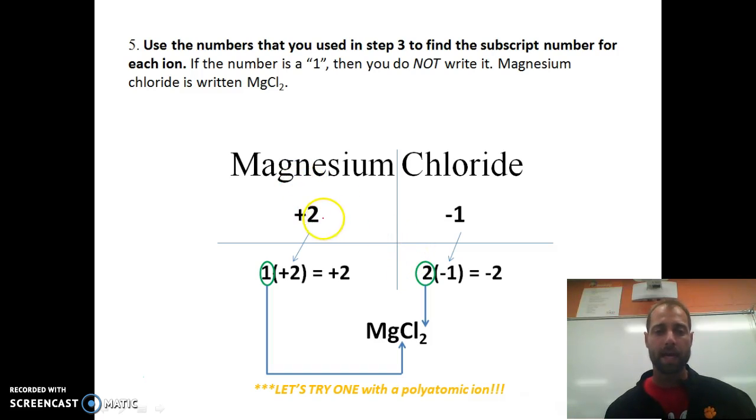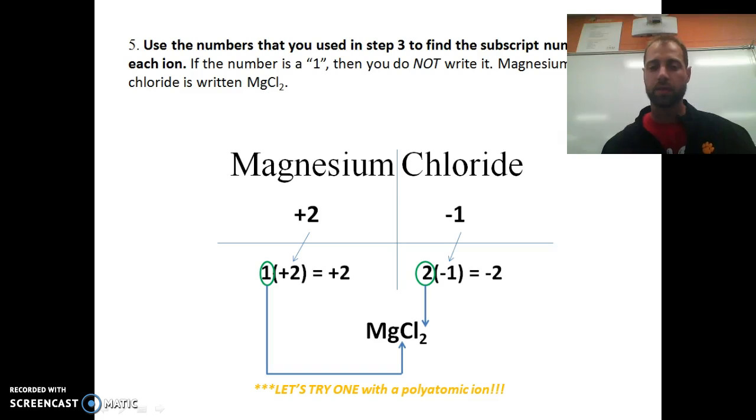So, in magnesium, we multiplied by 1, and so we do not write that behind magnesium. However, in chloride, we multiplied by 2. We will write that as a subscript behind the Cl. That means that we have 2 chlorines, each a -1, to cancel out the +2 of magnesium.